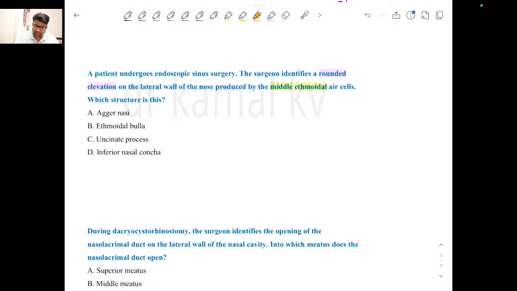So here there is a rounded elevation, and this is because of the middle ethmoidal air cells.